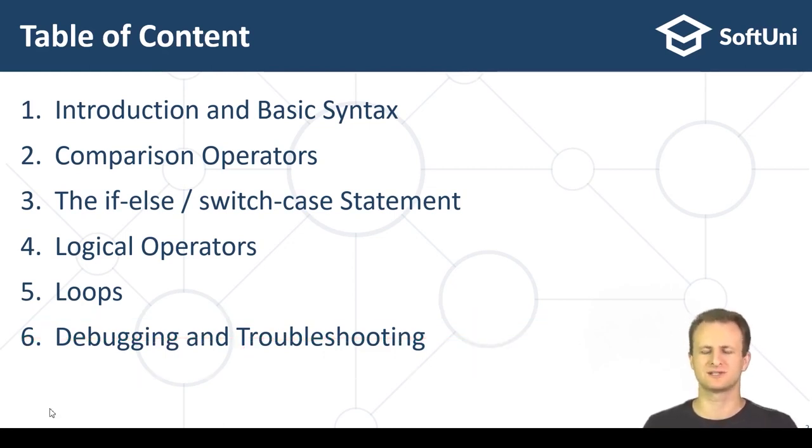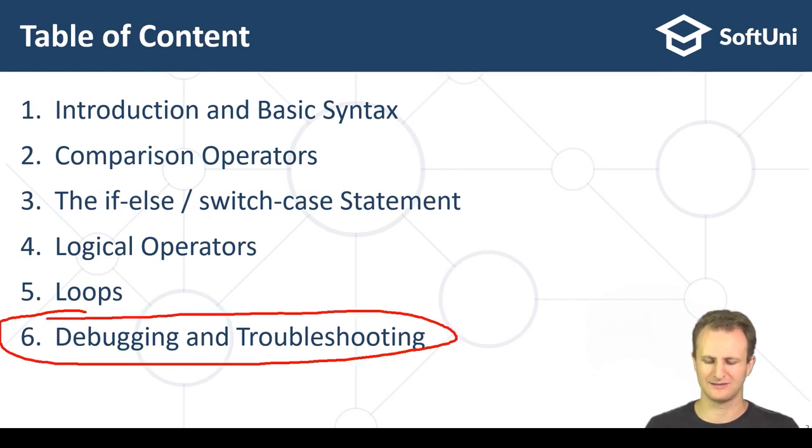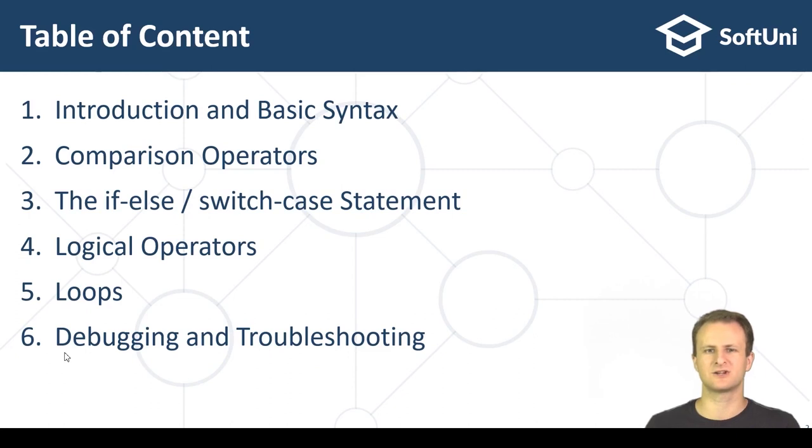Now, we will be doing some debugging and troubleshooting throughout the lesson, but we will focus in the last part of the lecture on the tools which the Java integrated development environment, which we will be using, called IntelliJ, offers us. So we'll see what that gives us, how we can use it, how to use it optimally, and so on. Okay, so let's get started.